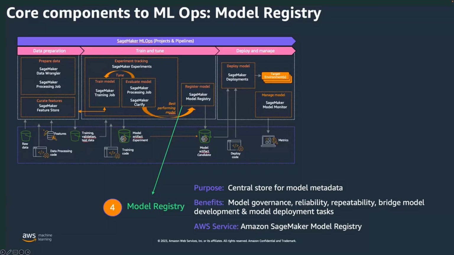You set its approval status, and you also stored a number of metrics with your model and the experiment tie-in for that model. Once you move your approval status from pending approval to approved, you can automatically start a CI/CD pipeline for deploying your model to staging or to production.